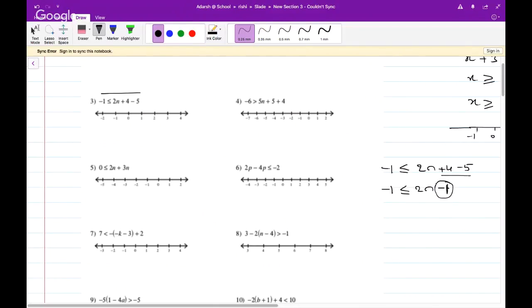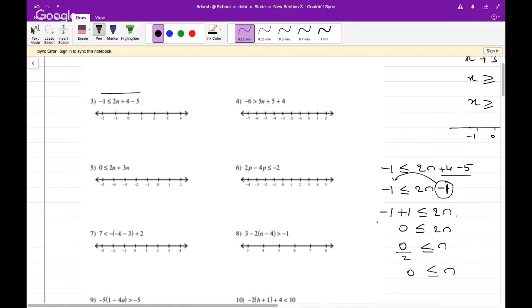Now minus 1 has to go on the other side, so minus 1 minus this minus 1 on this side is plus 1 less than or equal to 2n. So this part is 0 greater than 2n. Now you have to divide both sides by 2. 0 divided by 2 happens to be 0. So the value of n is greater than 0.